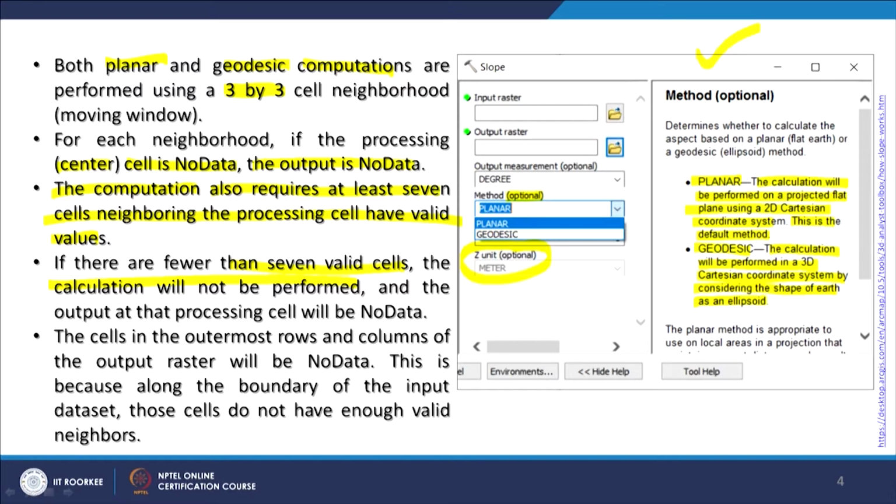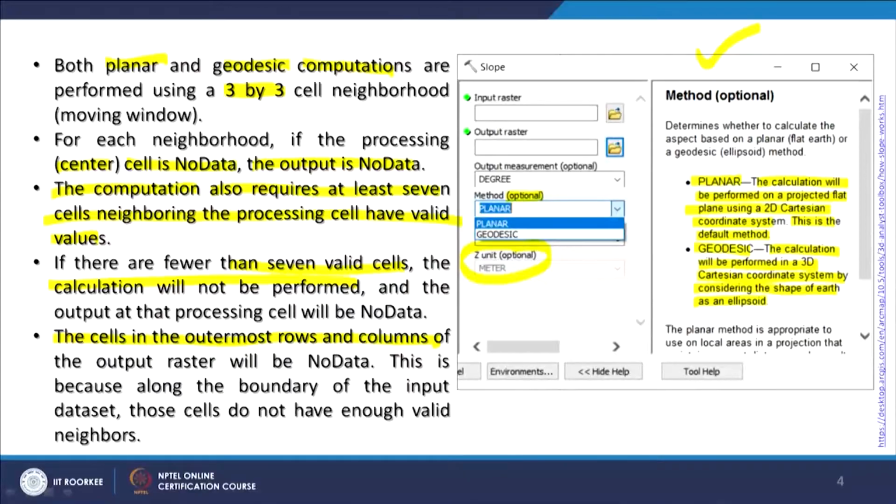Now, this point I have already discussed, but I will repeat it because it is very, very important: the cells in the outermost rows and columns, that means one cell thickness equivalent, the first row and first leftmost column, the rightmost column and the bottom row, for those the calculation will not be done.